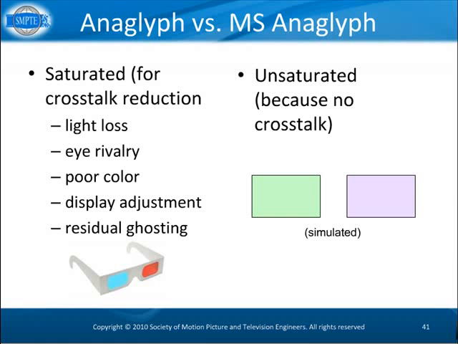They can be just barely colored filters because there is no crosstalk. So you do not need the anaglyph to eliminate the crosstalk. You only need the anaglyph to direct the eyes a little bit. So the greenish eye will tend to pick up more of the left view. The magenta-ish eye will tend to pick up more of the right view, and you get your stereopsis that way.